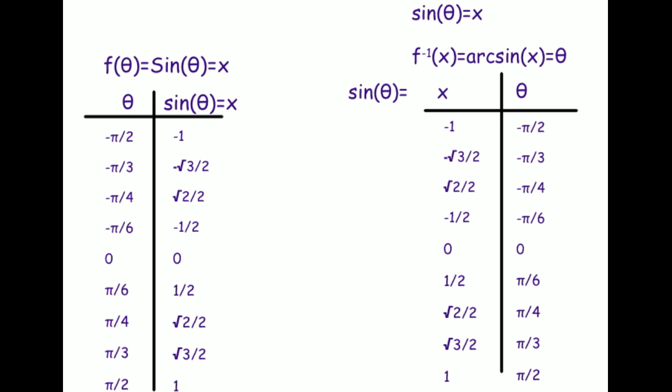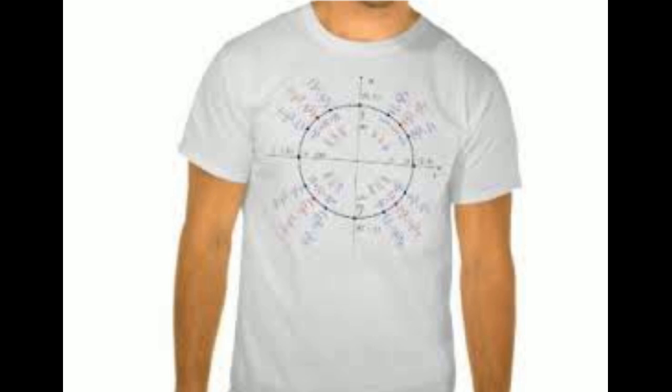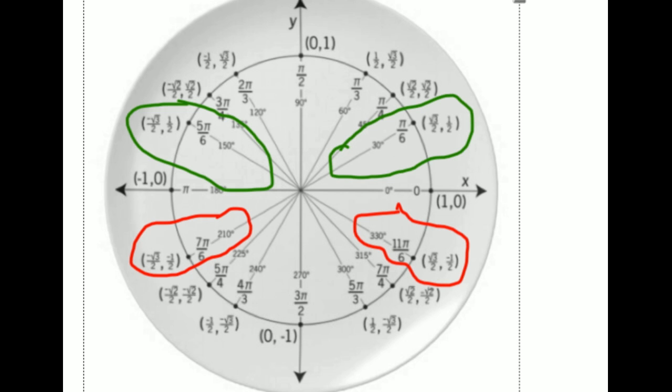Well, I just looked at my unit circle hat, or my unit circle t-shirt, or my unit circle necklace, and it turns out that there's a lot of angles that have a sine of 1/2. Pi over 6 is one of them, but so is 5 pi over 6. And if I keep going around, there'll be another angle over here that also has a sine of 1/2.